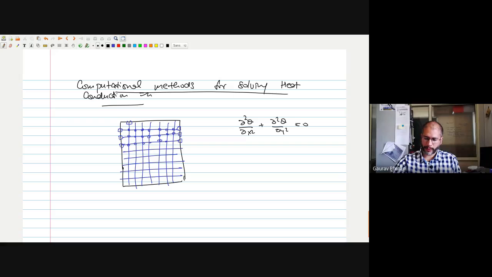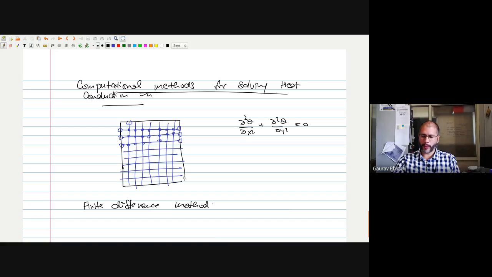There are different methods, and I'll talk about the finite difference method. As the name suggests, it converts the differential equation to a difference equation.